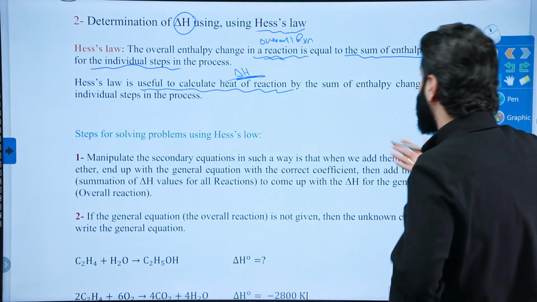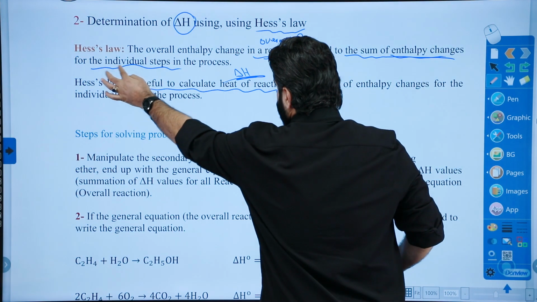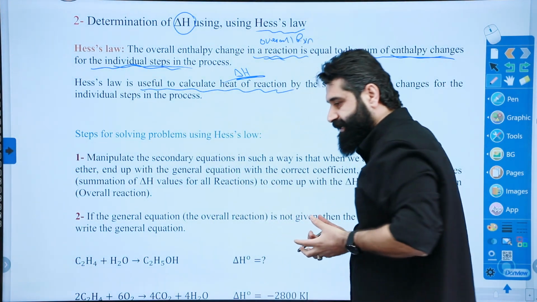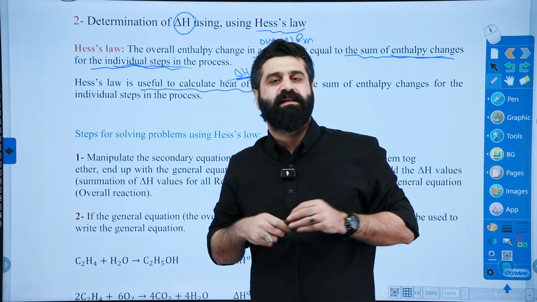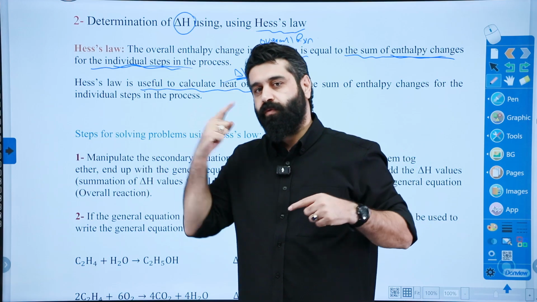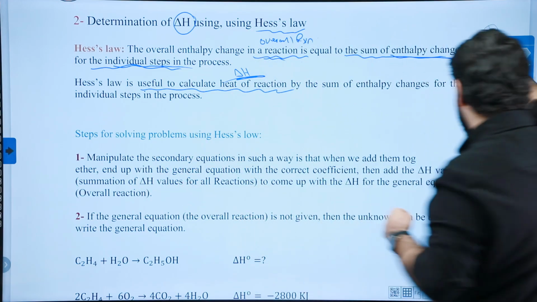And along with the overall, we will have some individual reaction steps, some intermediate reactions. So in Hess's law, we will have multiple reactions, one of which is always the overall, with some steps.